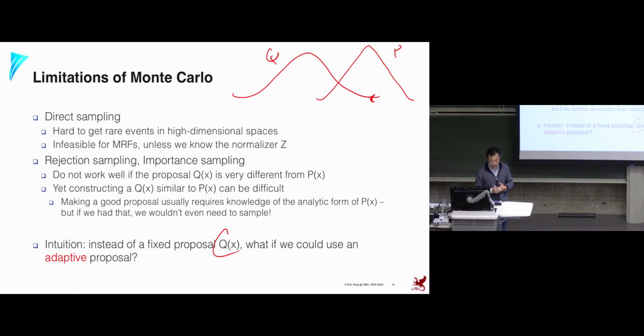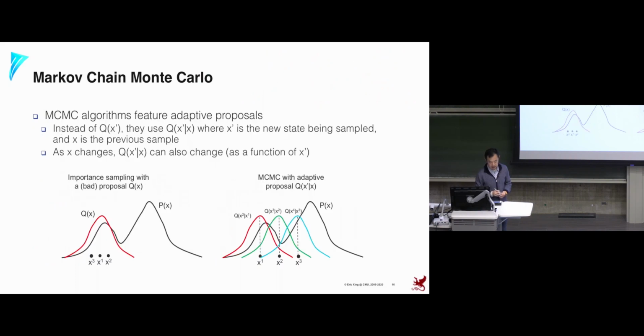But if you are willing to move this Q in this direction to center here, then you are better off. So this is called an adaptive proposal, which suggests the idea of using a changing Q.